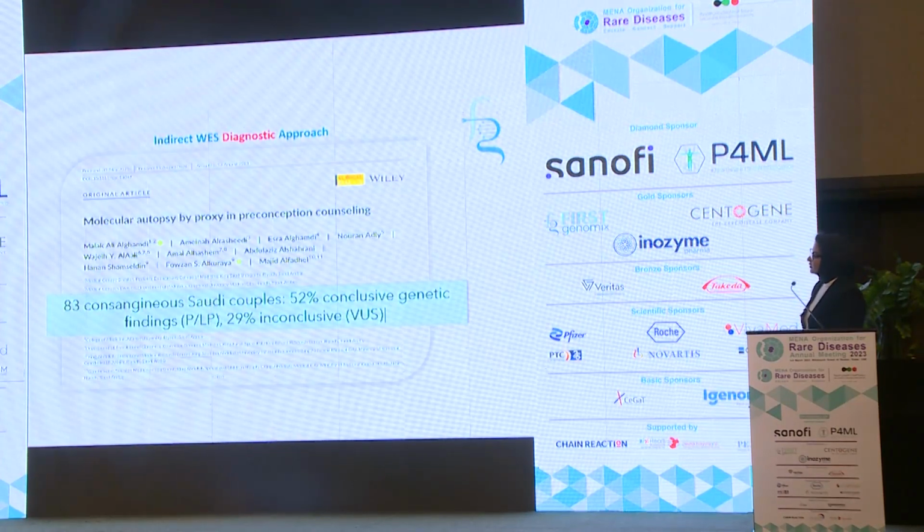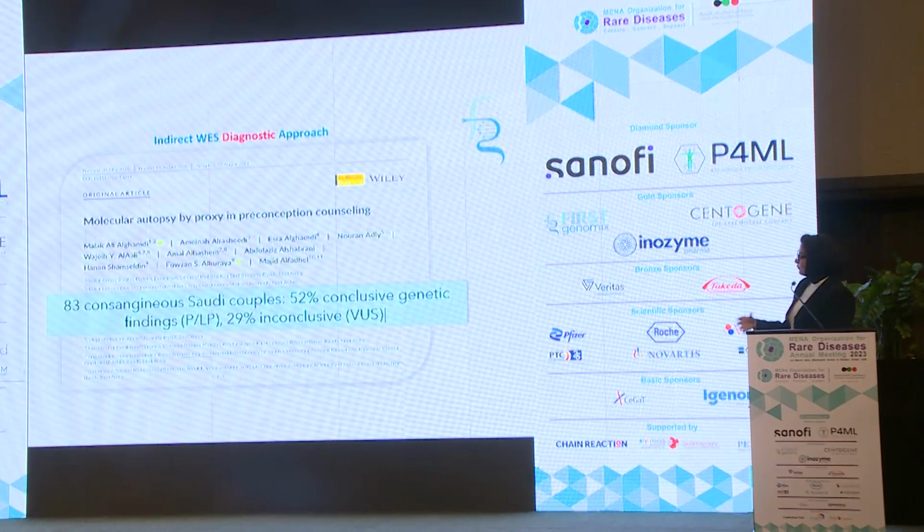And the result is very interesting, because 52% of the couples were found to be carriers of a disease-causing variant, and 29% were found to have inconclusive or VUS results.